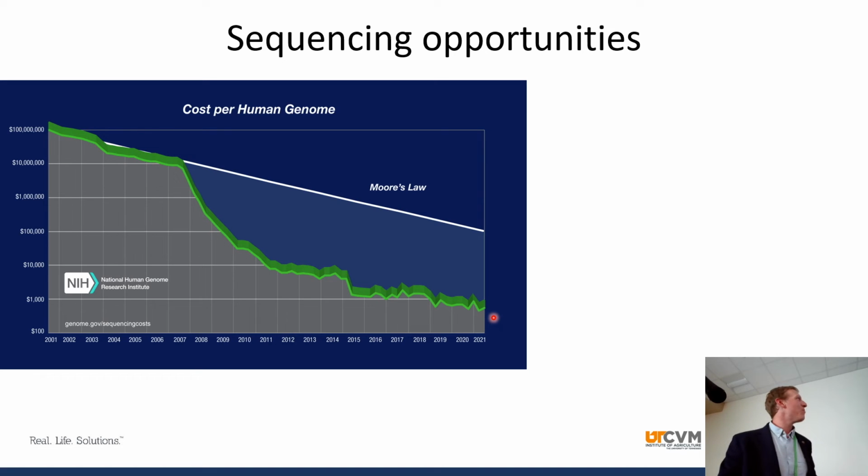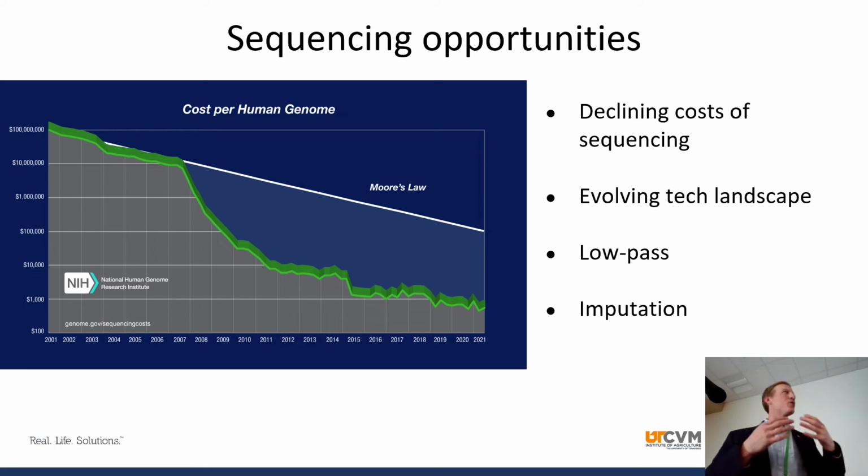Where we've come from the announcement of the Human Genome Project, this $100 million plus project back in the 90s, to we're routinely sequencing animals for $300 to $400 now. And the ability to do that, I think, gives us a bunch of opportunities, both in the low pass realm, so using this to generate genotypes, but also on the imputation front, right?